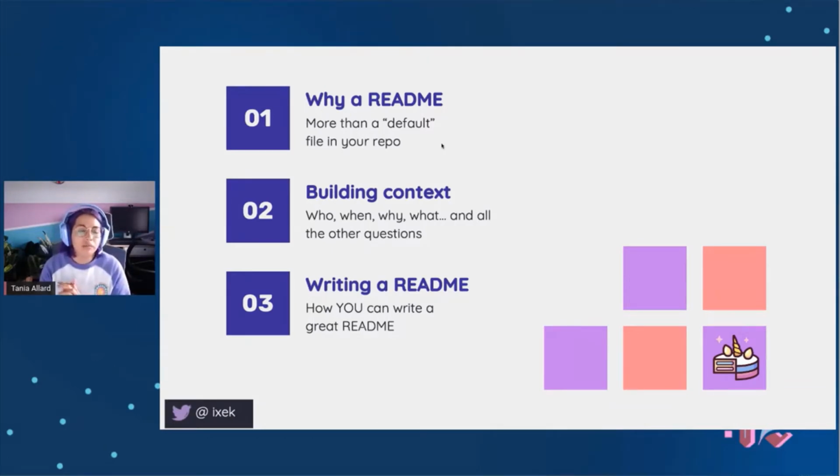Then I'm going to build some context on how you can improve your README, how we can reframe how we think about our README and our projects, and finally, some hot tips on how you can write a great README or improve the one that you currently have.